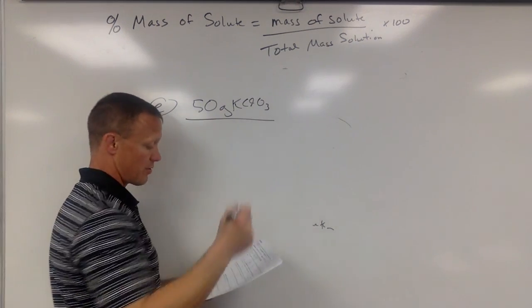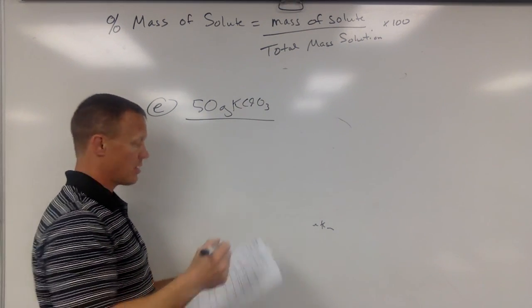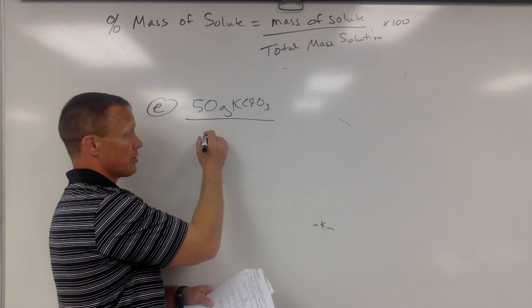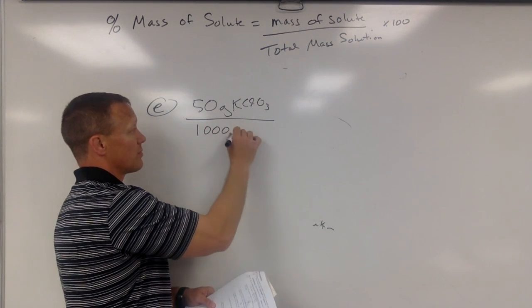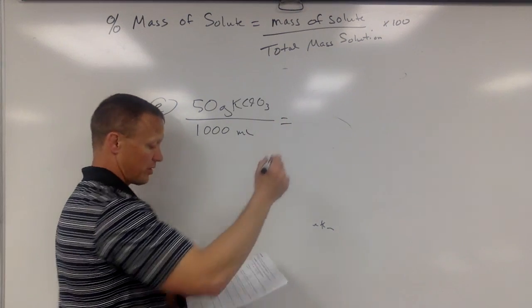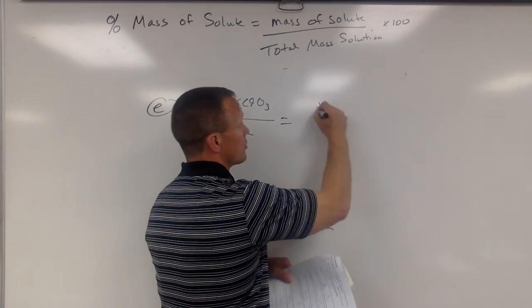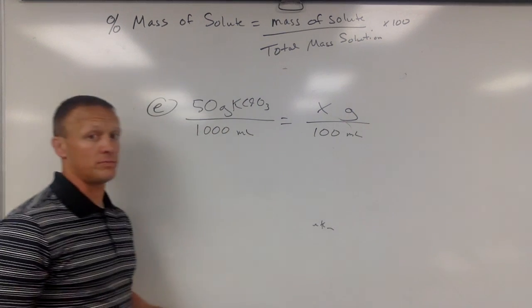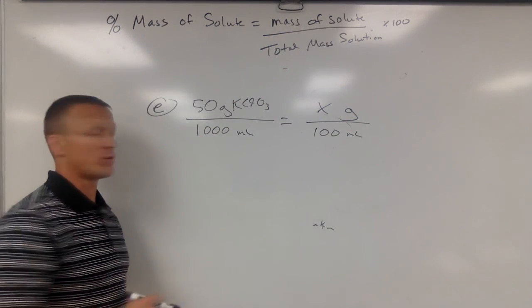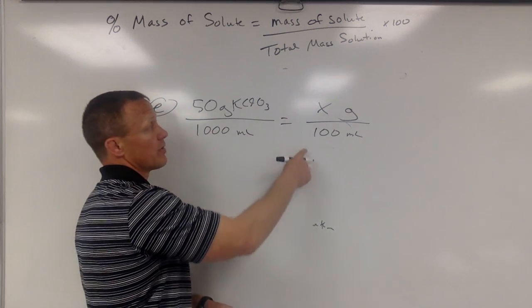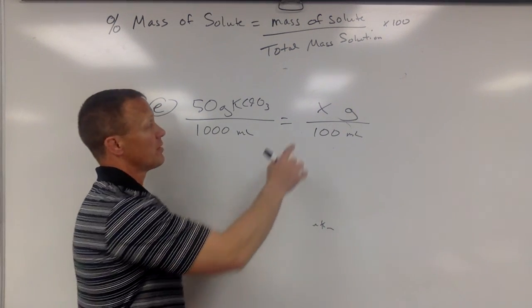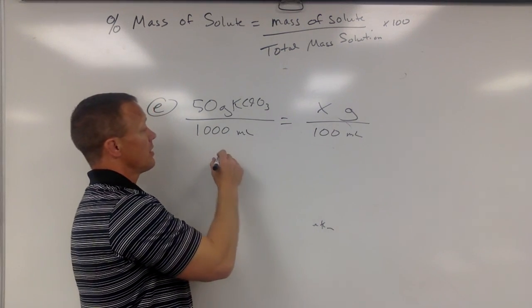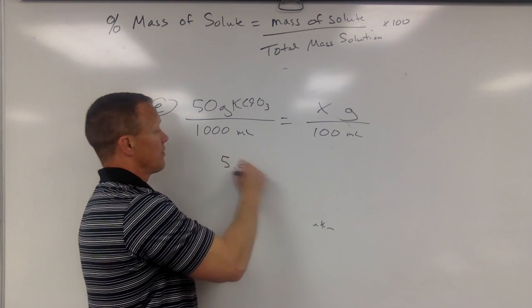If there's that many grams of KClO3 in a liter of solution, a liter is the same thing as 1,000 milliliters. It wants to know how many grams, so it'd be X number of grams in 100 milliliters. So if there's that many grams in that, then there's X number in that, if the concentration is staying the same. Again, cross multiply, divide, and you get 5 grams.